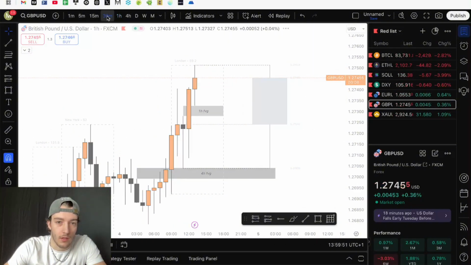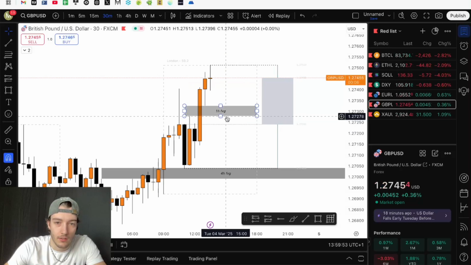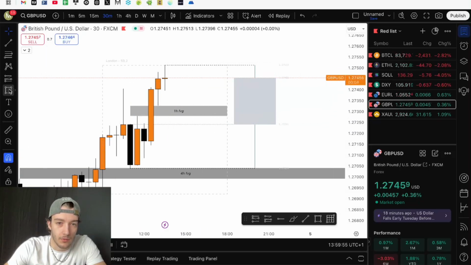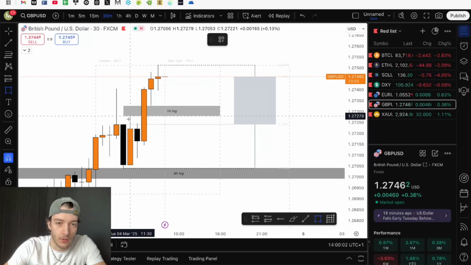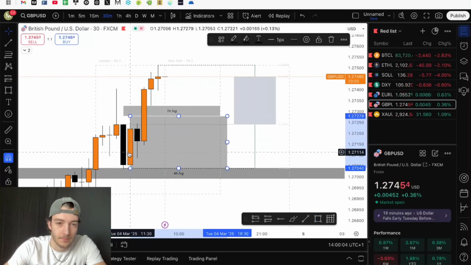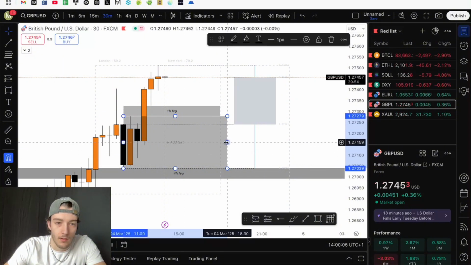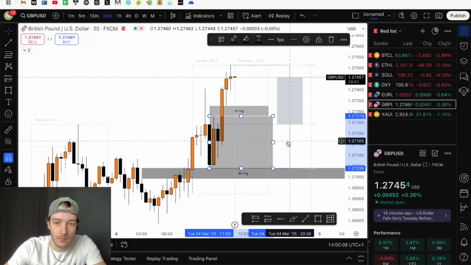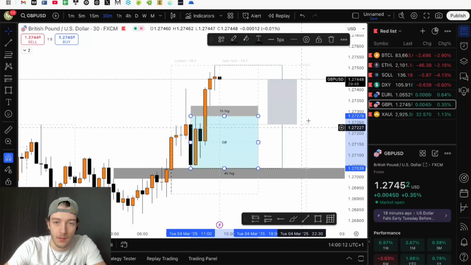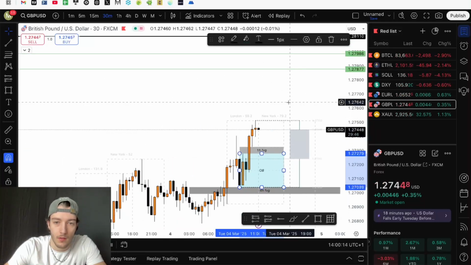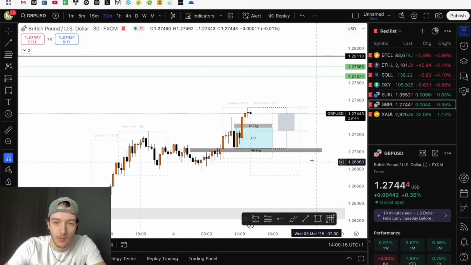I would love to see a retrace into this fair gap and then a move up higher, coming into this order block area here. So that would be awesome to see. Order block. Yes.